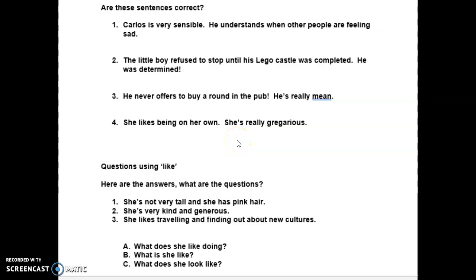Don't be afraid of the silence here. Just sit back and let them try and work out what the questions are. Then nominate some students to tell you what they are.